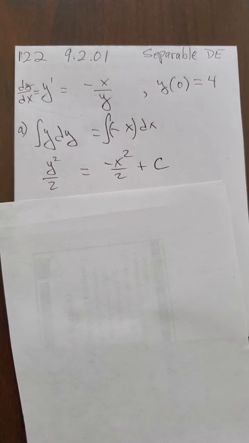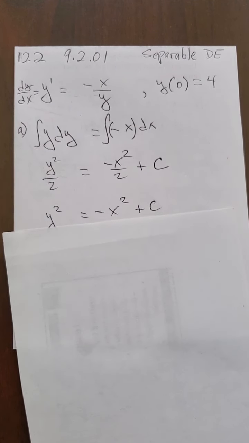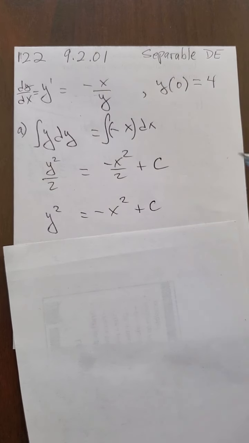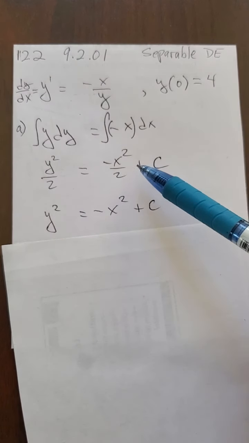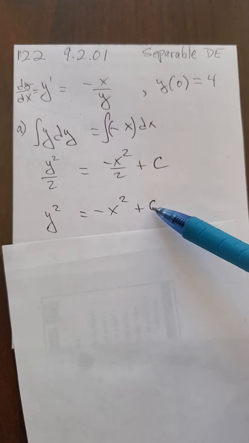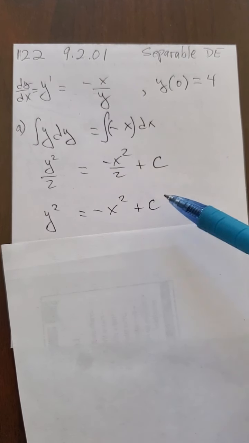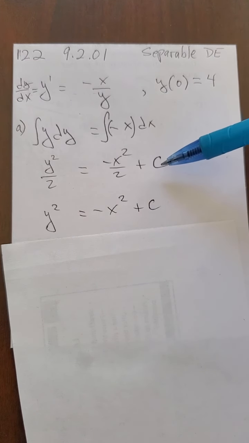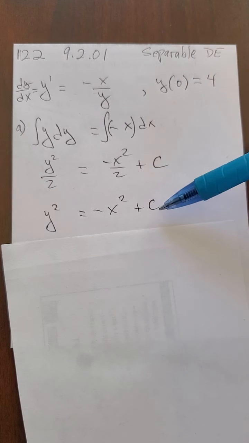I'm going to solve for y, though, and just do a little algebra. Of course, I'm going to multiply everything by 2. And notice when I multiplied everything by 2, I don't write 2c. The reason is because when I multiply a constant by 2, the 2 gets absorbed in the constant. I just have a new constant, but it's a constant.